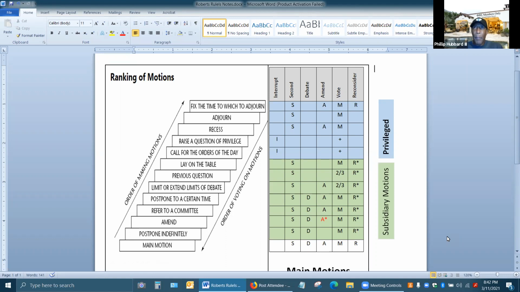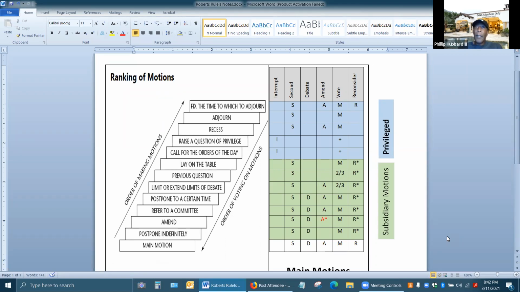It is recommended by Robert's Rules that when you make a motion, you keep the motion clear and short. They also recommend that you submit the motion in writing. The reason why is because if there is a motion to amend, then it has to be clear what the original motion or the main motion was.